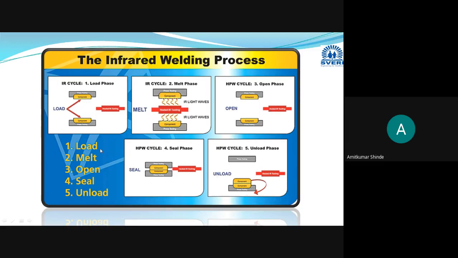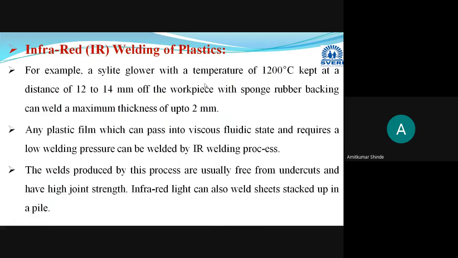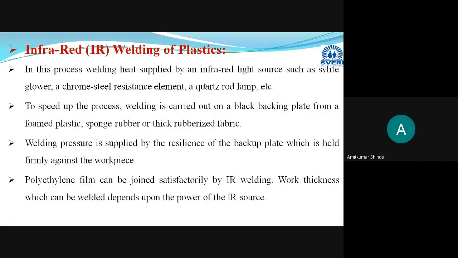So these 5 phases will be there. As the heat is obtained with the help of infrared light waves, this process is termed the infrared welding process. All these points I have highlighted here. Whichever concept I have explained is highlighted here only.